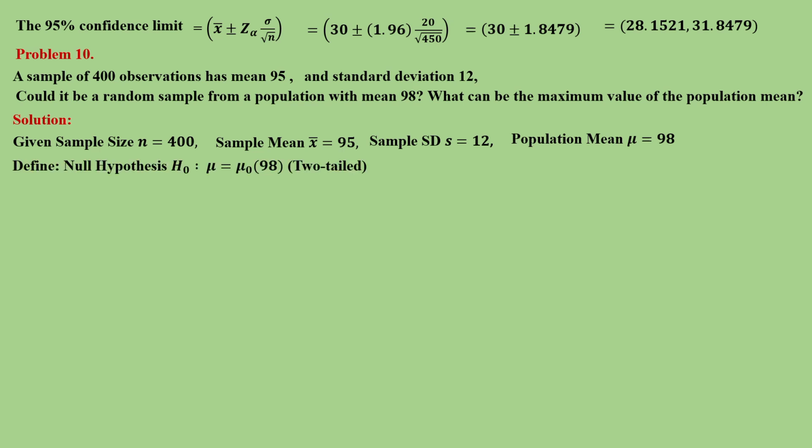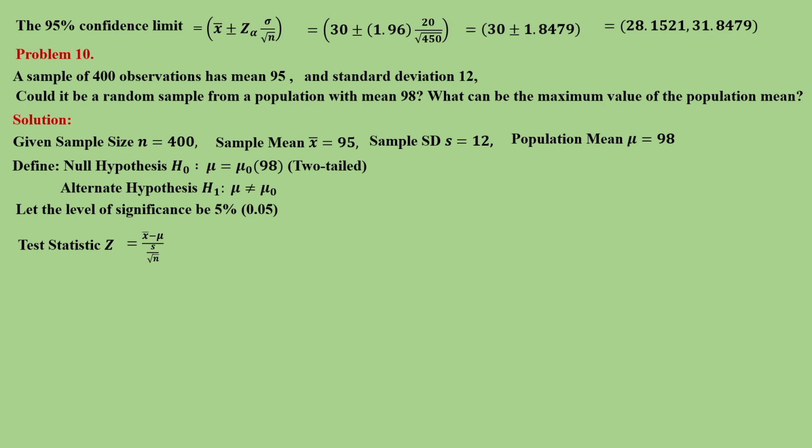Null hypothesis: the sample is from the population with mean 98, so mu is equal to 98. Again we are using the two-tail, so alternate hypothesis H1 is mu not equal to mu naught. Level of significance 5%.